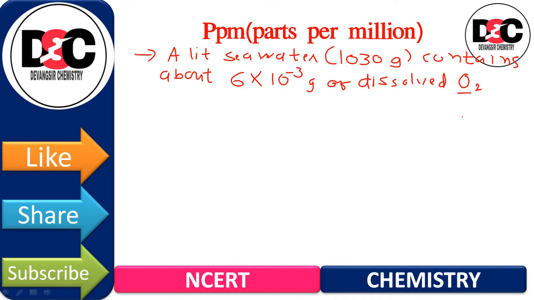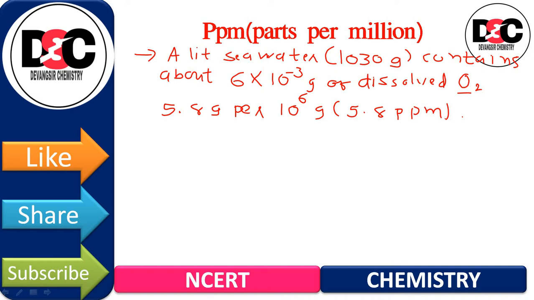Such a small concentration is expressed as 5.8 gram per 10 raised to power 6 gram, that is 5.8 ppm of seawater. Okay, so these we have to remember for MCQ.